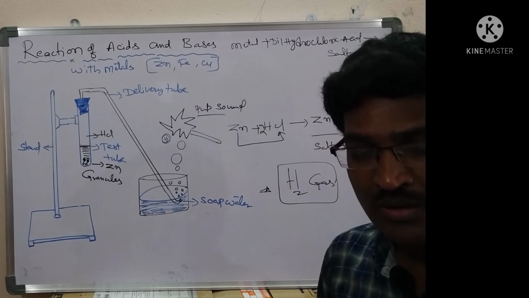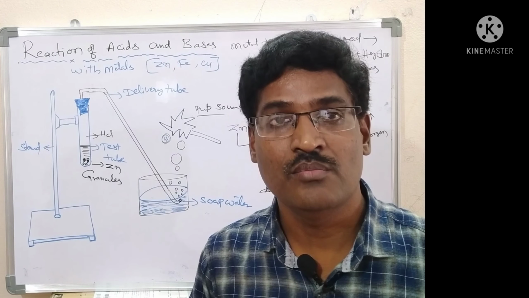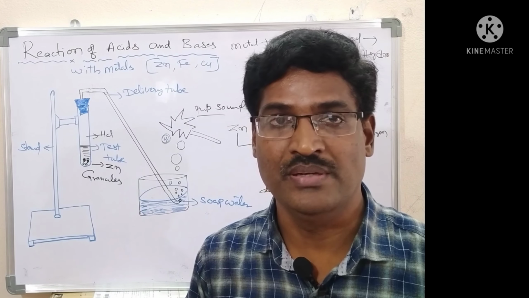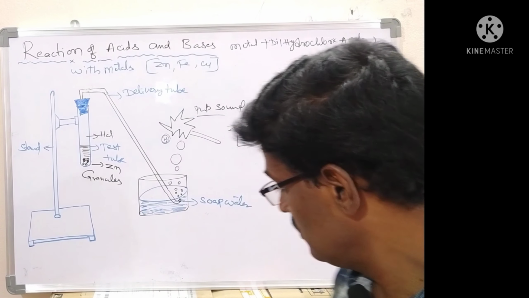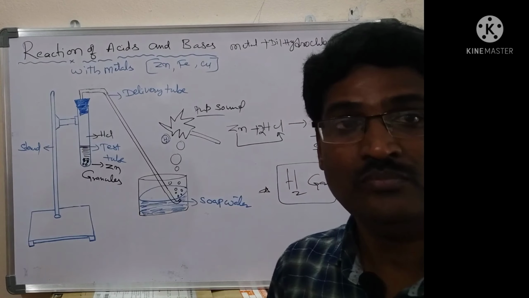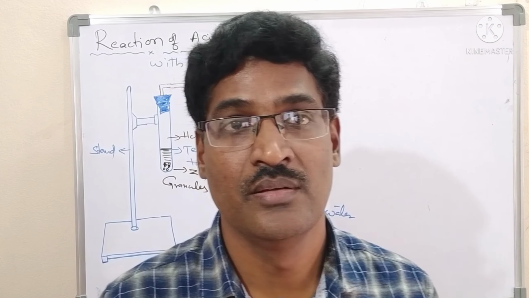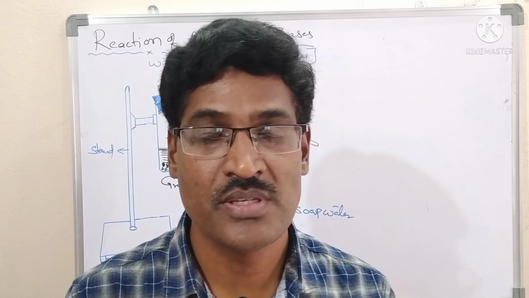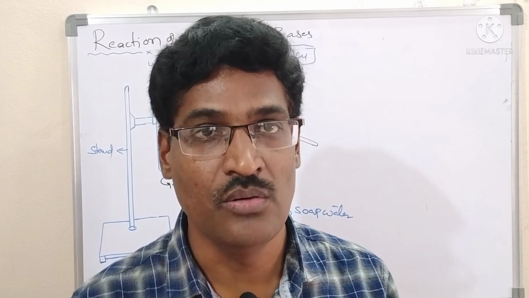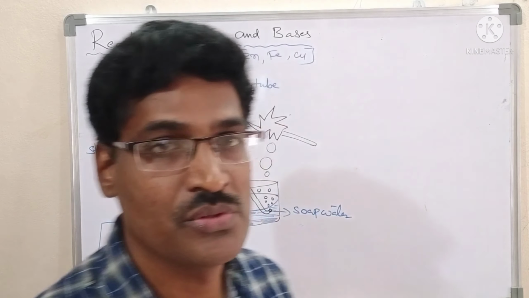Instead of acid, if you take the base, what will happen? What is the formation? Now let us look here. Bases react with metal. What does it give? Acids react with metal, which produces H2 gas. Now, if bases react with metal, what does it give?